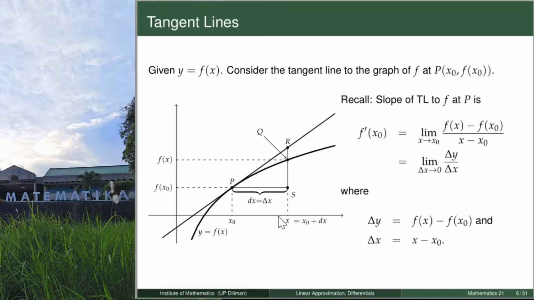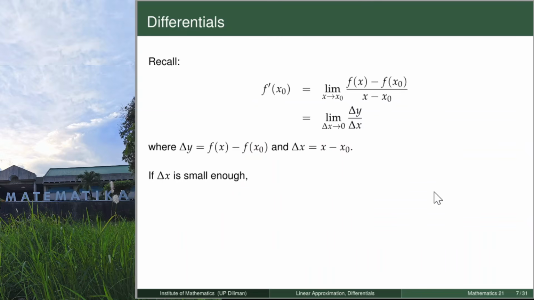So as x becomes closer and closer to x0, what happens to your delta x? Your delta x becomes smaller and smaller as well, and it approaches 0. That's why you can replace x approaches x0 with delta x approaches 0. Alright? So back to our thing here.